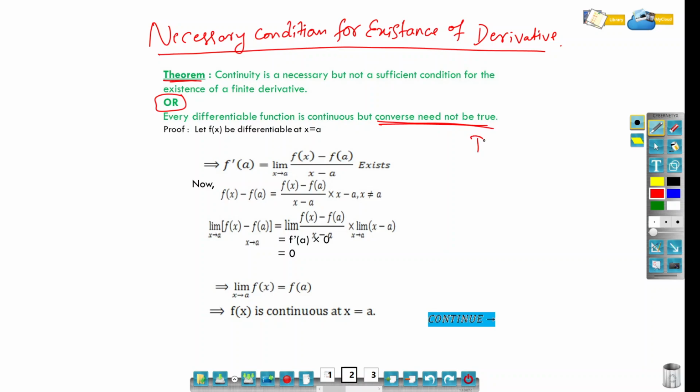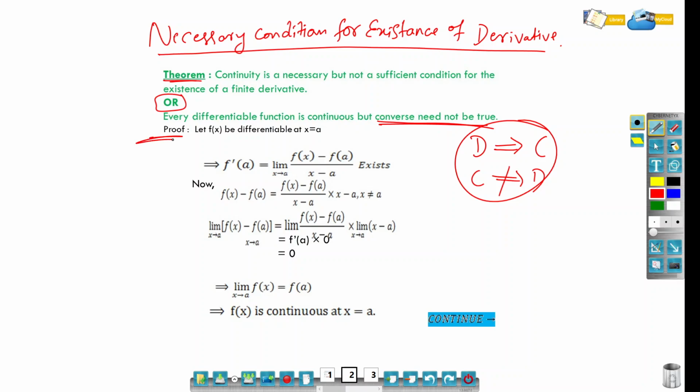That means if a function is differentiable, then it must be continuous. If a function is continuous, it need not be differentiable.